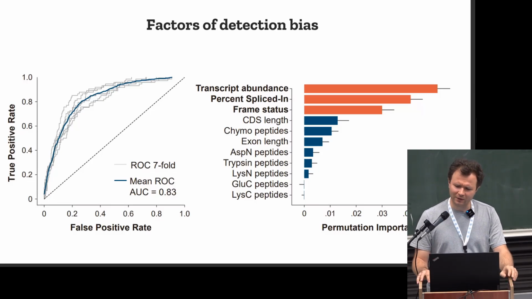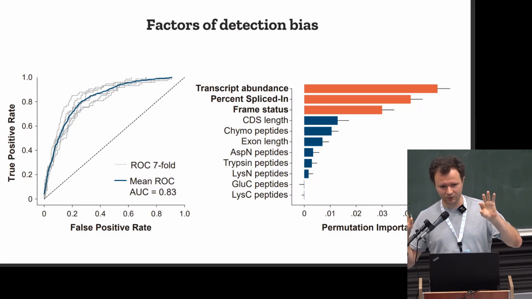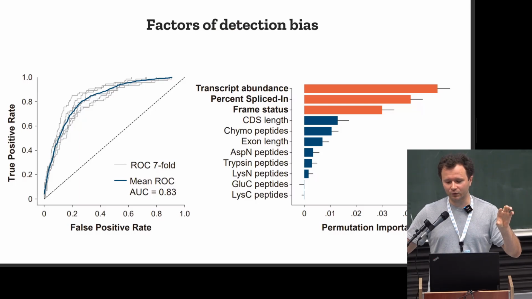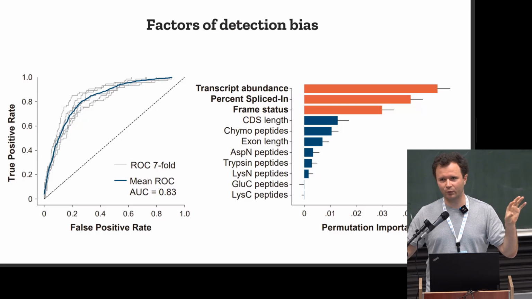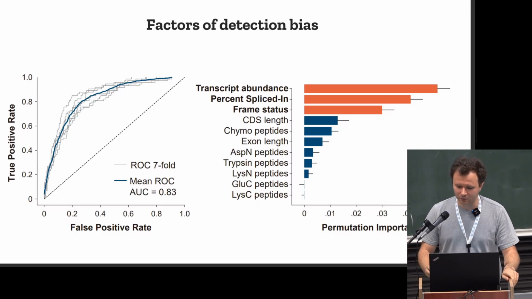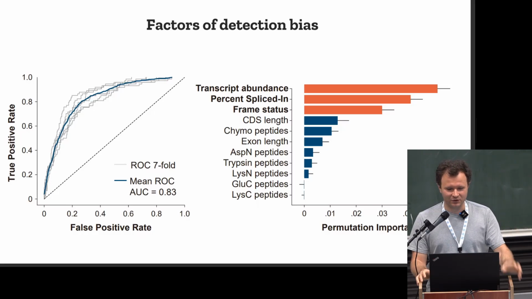What I mean by that is we made a binary classification using XGBoost, which tried to separate, using different properties of the alternative splicing, alternative splicing which we are fully detecting and partially detecting. Functionally, we're asking which properties of alternative splicing increase our chances to detect them on a proteome level. Usually people do this manually by hand, but we decided to ask machine learning to do that.